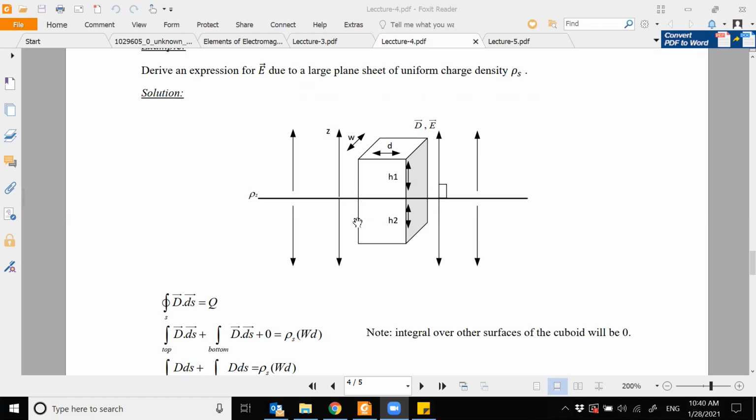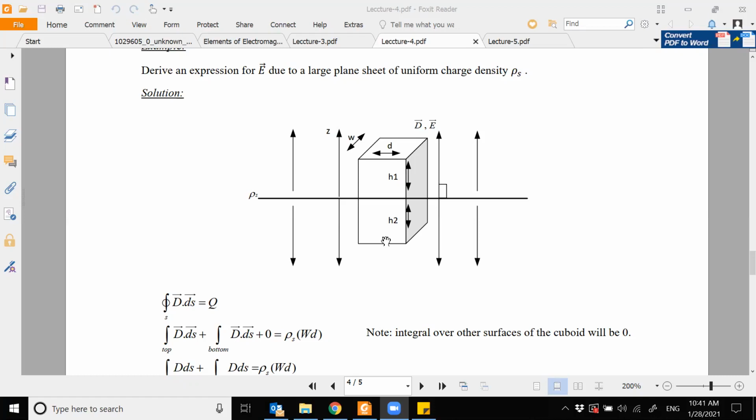a cuboid. So you are considering a small cuboid, such that half of the cuboid is above the sheet and half of the cuboid is below the sheet. Why? Because we want to include some charge inside this cuboid, because the cuboid is my closed surface.